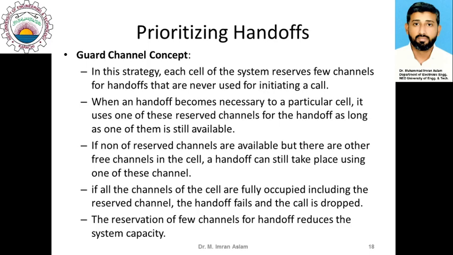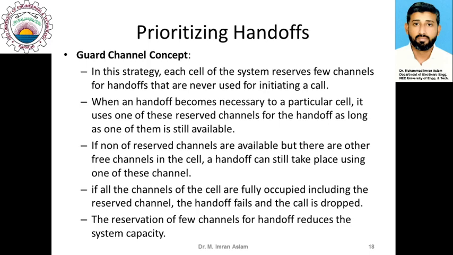So a few channels are reserved, and when a handoff becomes necessary in that particular cell, the cell will use one of the reserved channels as long as a reserved channel is available.